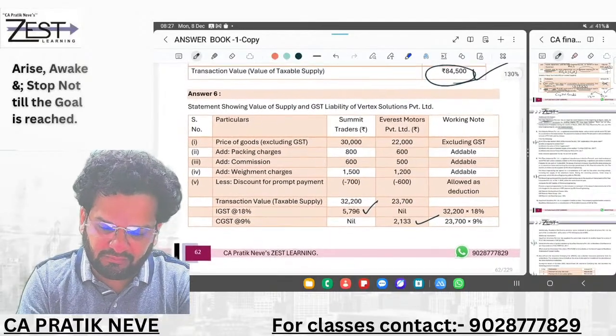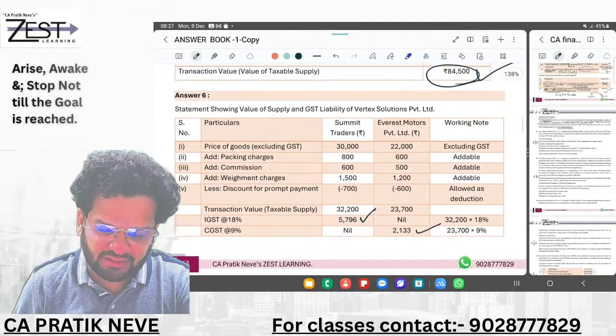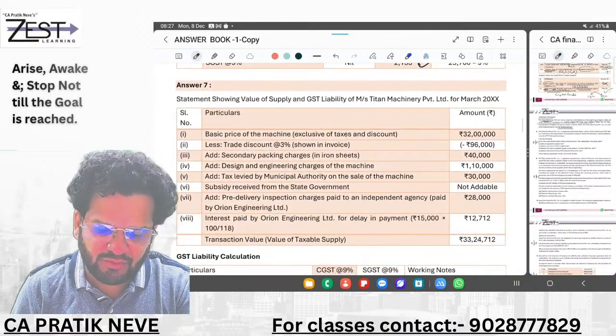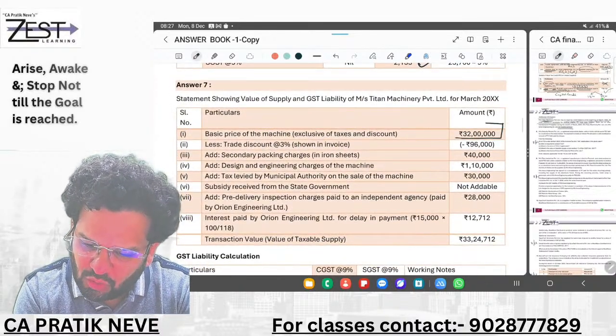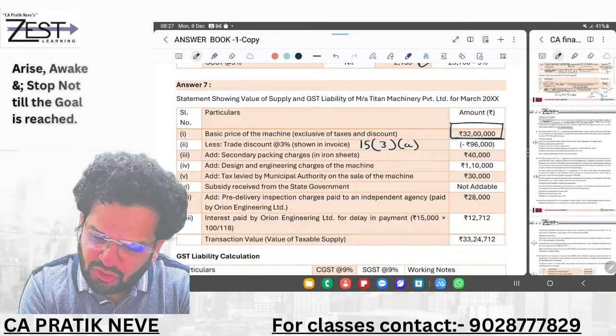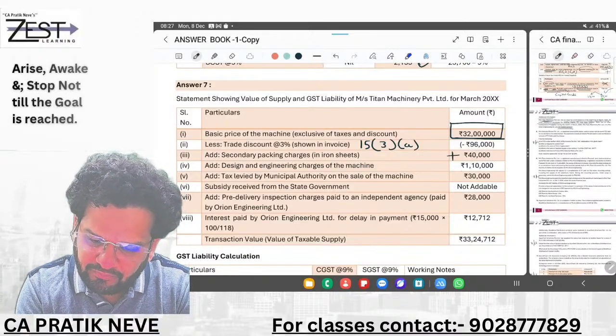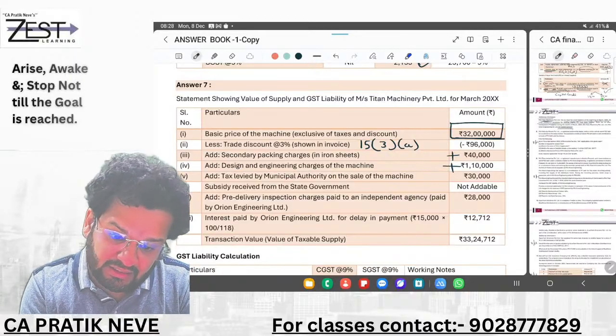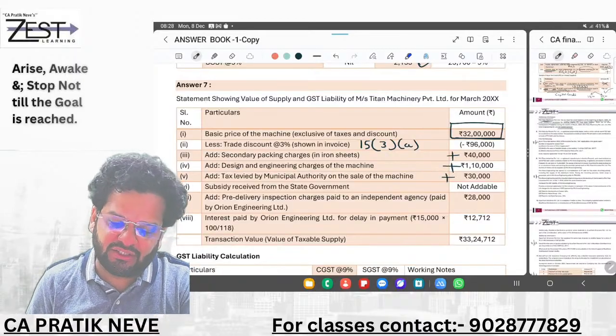Now see, as we discussed, start with 32 lakhs, subtract discount as per 15(3)(a), then include secondary packing, design and engineering charges, taxes levied by municipal authority.